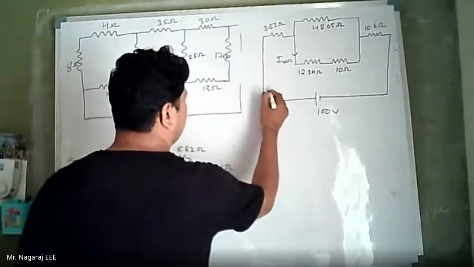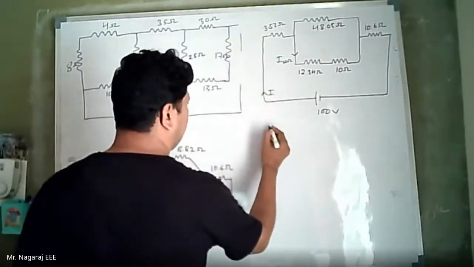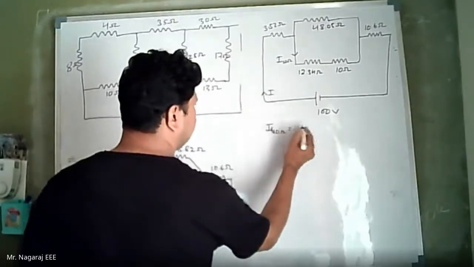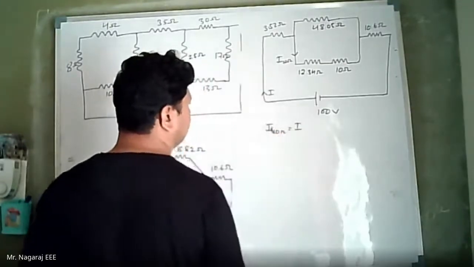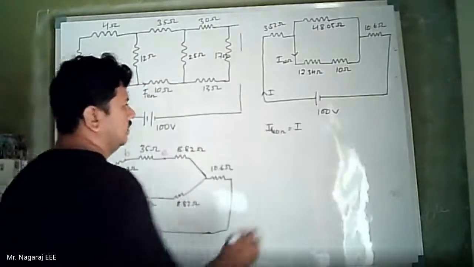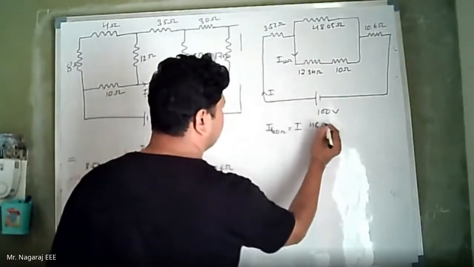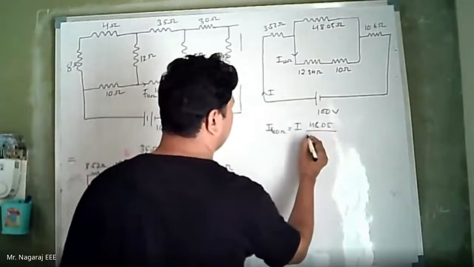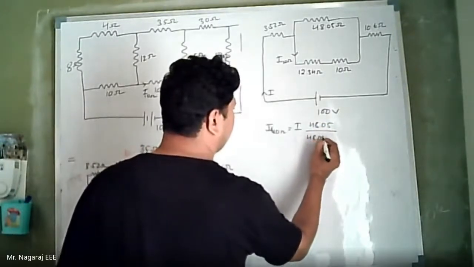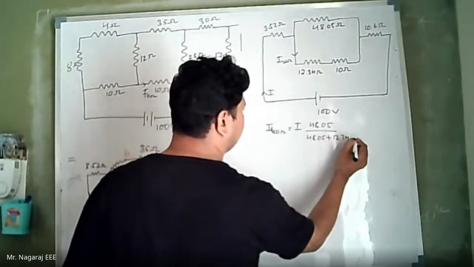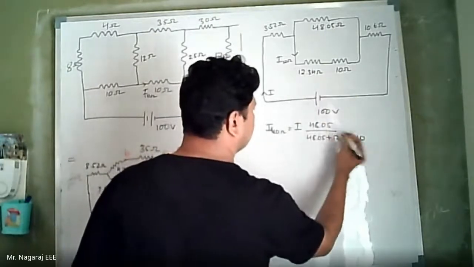This is the total current I. Therefore I 10 ohms is equals to I, main current, into opposite resistance 48.05 divided by 48.05 plus 12.34 plus 10.